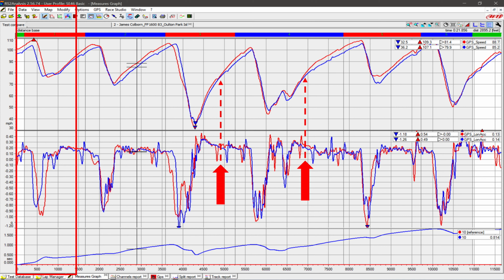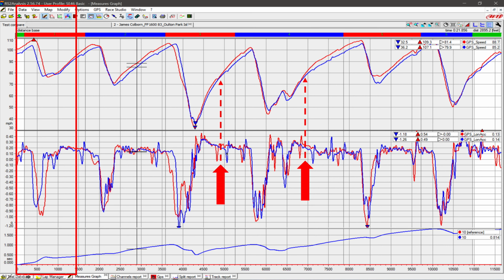But then we have these particular areas here, where there's an element of, well, hold on a second, we're okay here, but all of a sudden the blue line goes far, and the time distance is lost. We're the same here, but all of a sudden this blue line starts to tail this red line. Then if we look at where the gear changes are happening, it's here for the red car, and here for the blue line, here for the red car, here for the blue line.